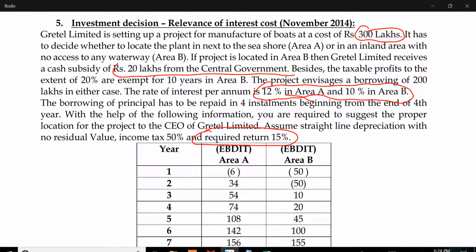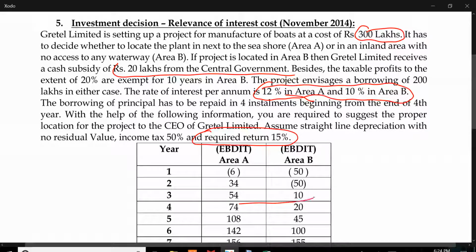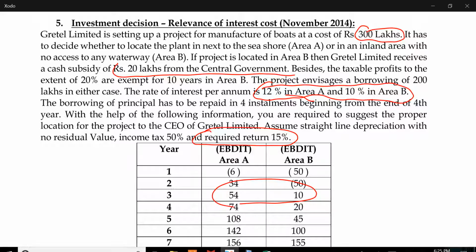It has some benefits on the government side, it has some benefits on the funding side, and if you see their cash flows is also bad. Area B is bad, but this bad cash flows may get compensated by a lower interest rate, may get compensated by tax benefit. We are not sure, we will have to do the analysis.